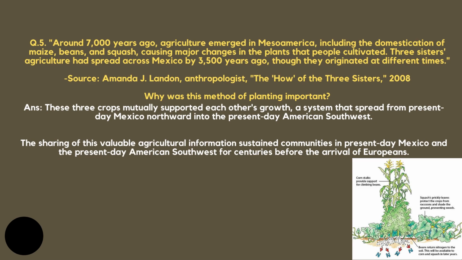These three crops mutually supported each other's growth, a system that spread from present-day Mexico northward into the present-day American Southwest. The sharing of this valuable agricultural information sustained communities in present-day Mexico and the American Southwest for centuries before the arrival of Europeans.